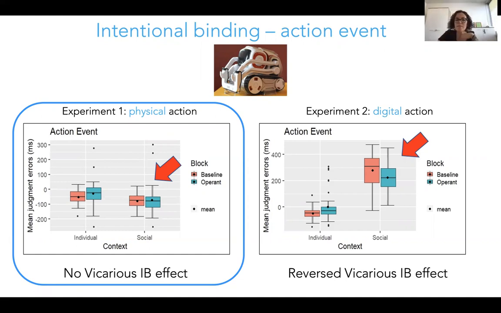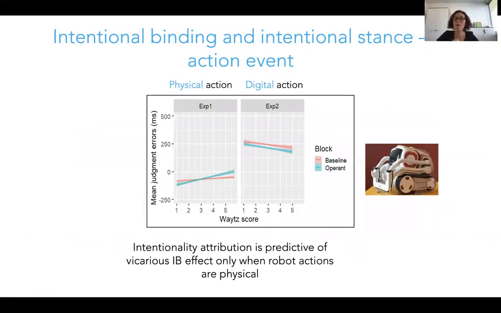Now, the interesting part is this aspect, because when you ask participants to evaluate the action event, for physical action, we don't see the vicarious intentional binding effect, but we do see a correlation with attribution of intentionality, because we asked our participants, before they did the task, to fill out a questionnaire.